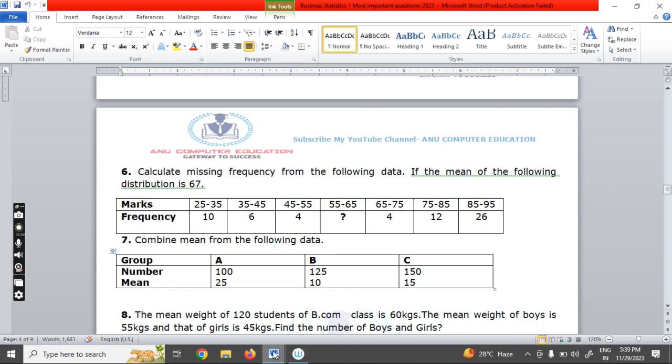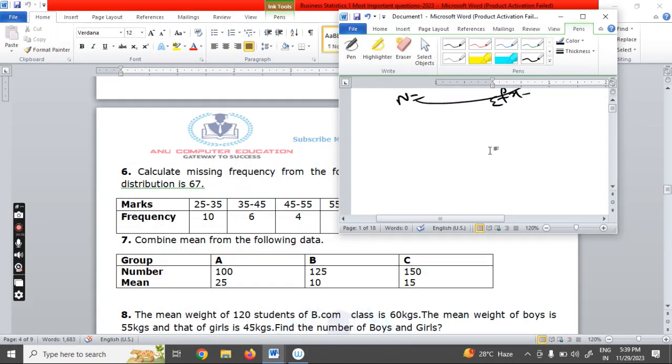Next is a very important question, the combined mean problem. This can be asked in two ways. The first way is that directly we will be giving everything. N1 is given as 100, N2 is given as 125, and N3 is given as 150. Three groups' information is given here.